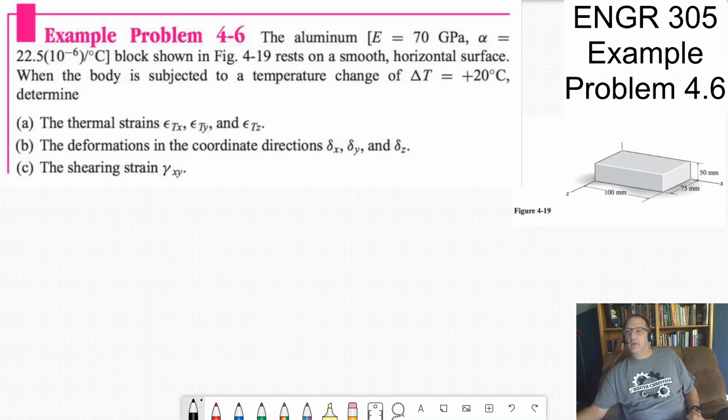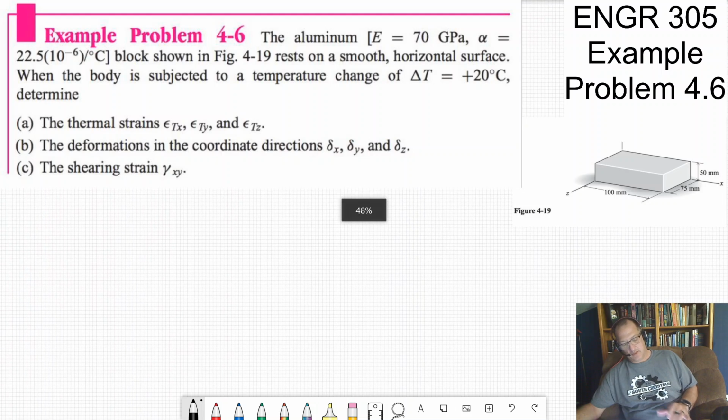Example problem 4.6, we have an aluminum block that's shown in figure 4.19. It rests on a horizontal surface. It is heated up and has a 20-degree temperature increase. And so that is T_F minus T_I.